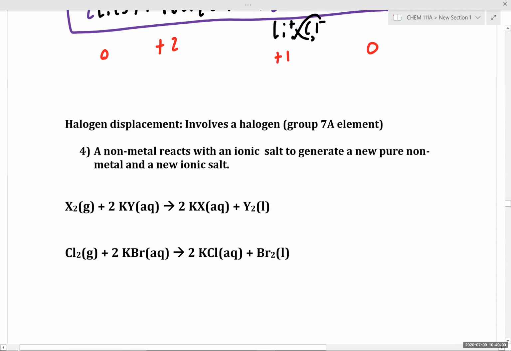Now, another type of displacement is known as a halogen displacement. As its name implies, it involves a halogen, which is a group 7A element. In a halogen displacement, a nonmetal reacts with an ionic salt to generate a new pure nonmetal and a new ionic salt.